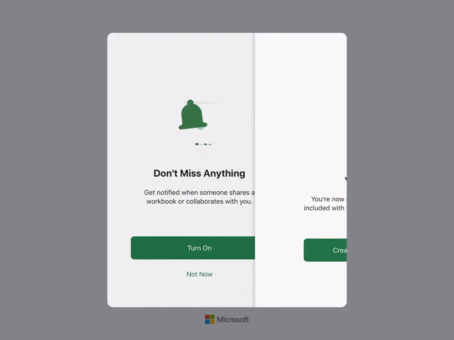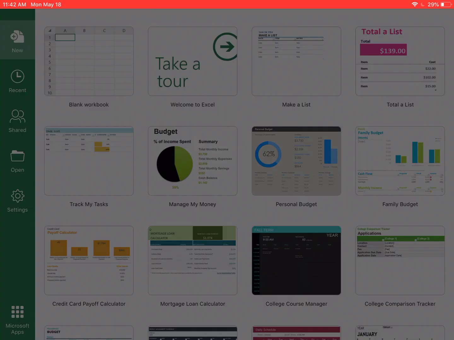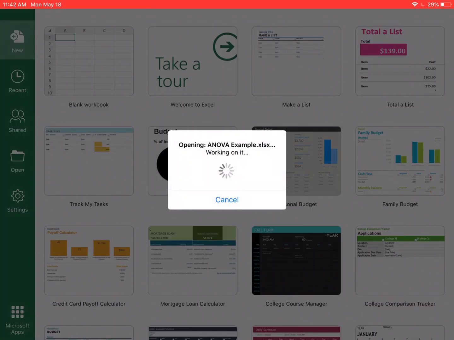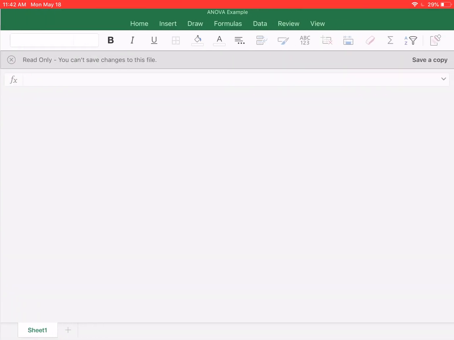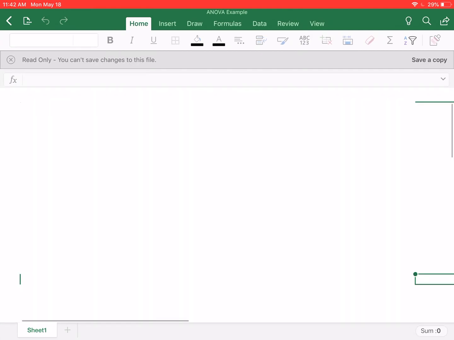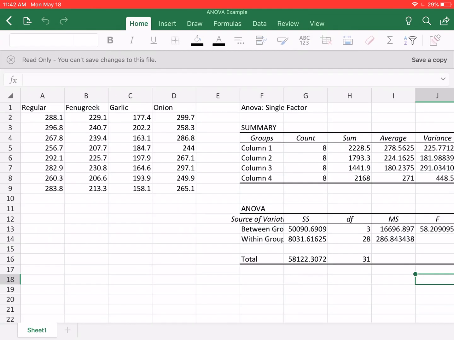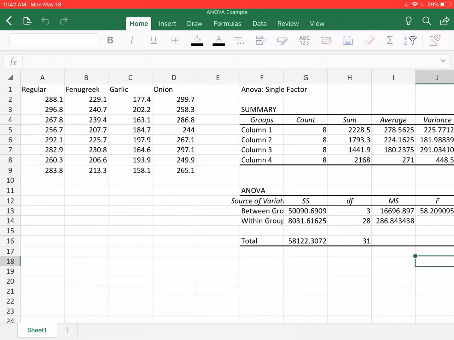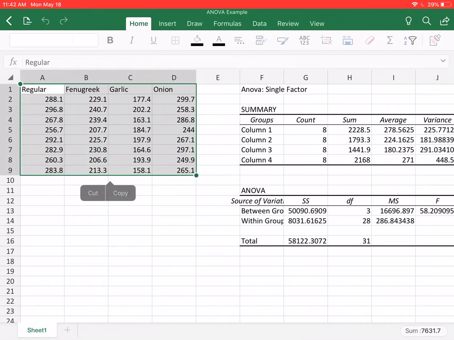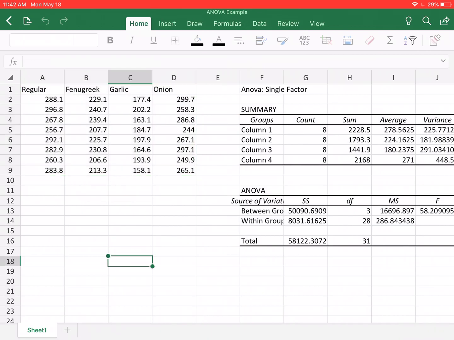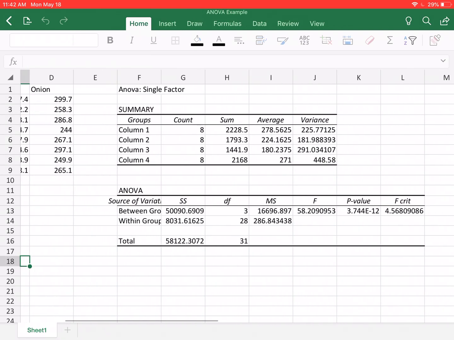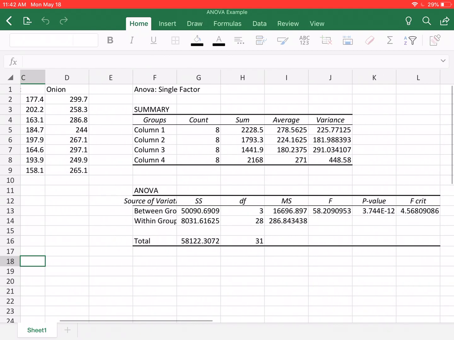Here it is. So what I did was I went ahead and inputted all of the data. Okay, and then you can see over here I have my ANOVA test.